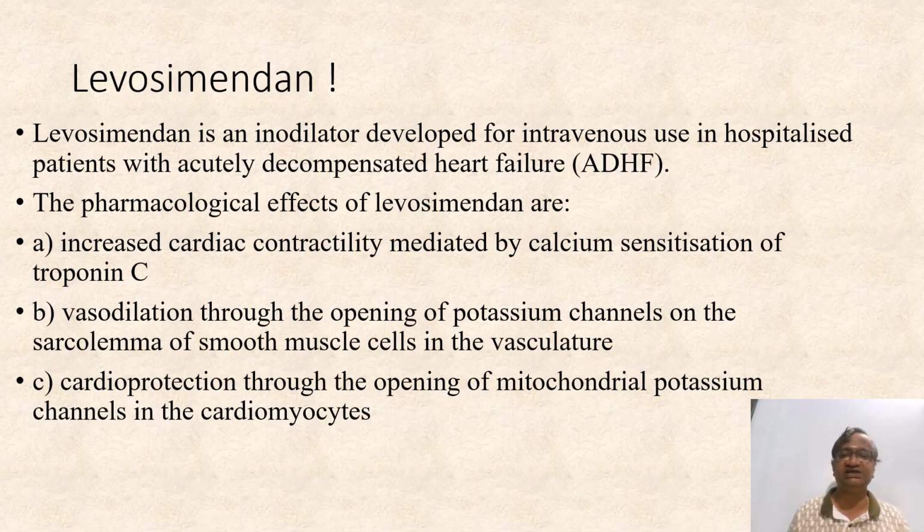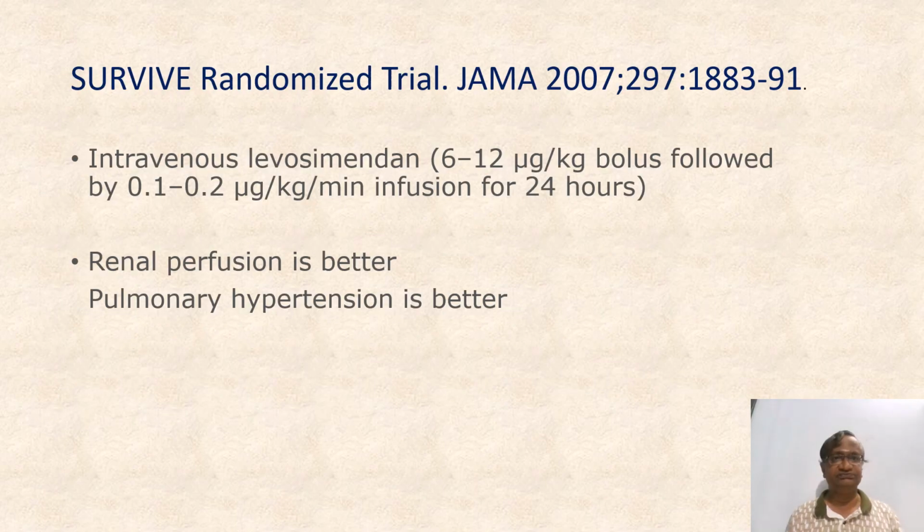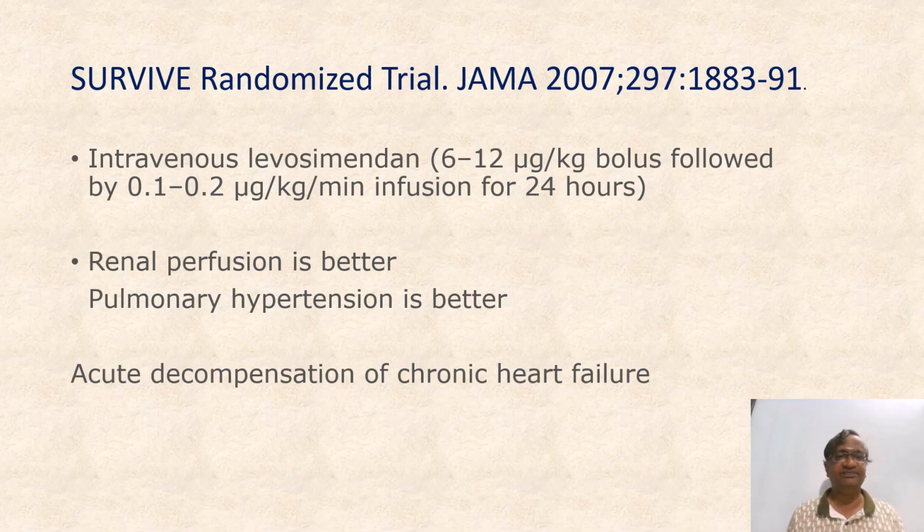These are the advantages of levosimendan, especially in a chronic problem with acute decompensation. 6 to 12 microgram per kg bolus. Usually we give 0.1 microgram per kg per minute for 1 to 1.5 days. Pulmonary hypertension is better and renal perfusion is better. That is the advantage of levosimendan.